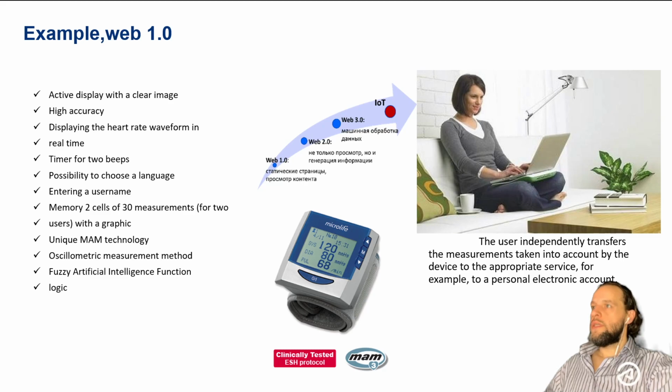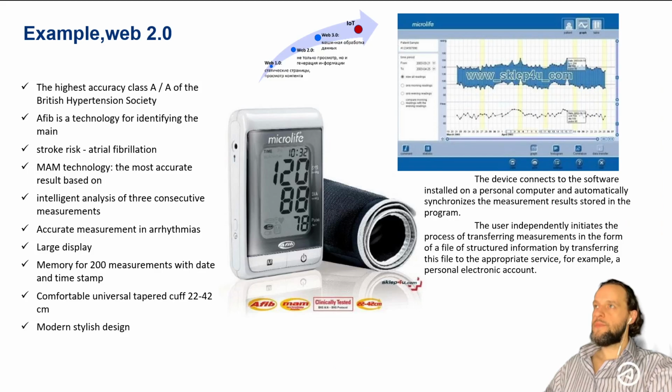It works in real time. There are some memory cells in it and other features that are very interesting, and this device is quite good in itself. On the next stage, we have a similar device with additional capabilities for storage, for data display.